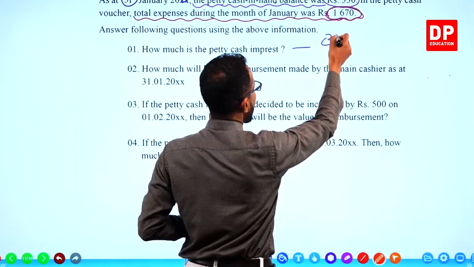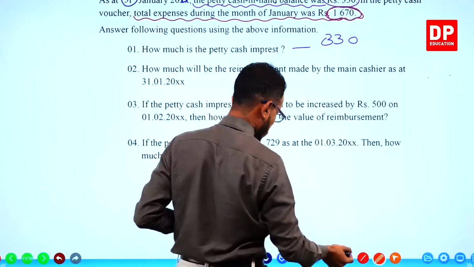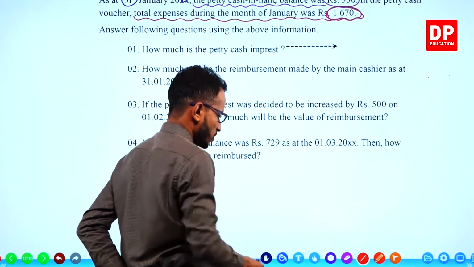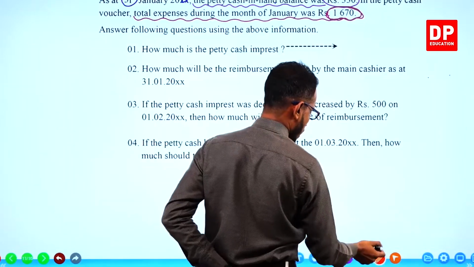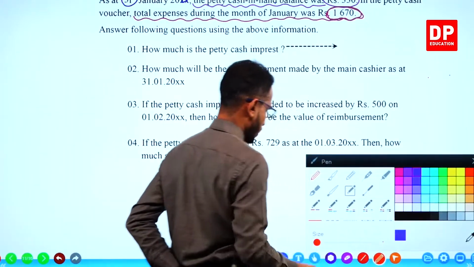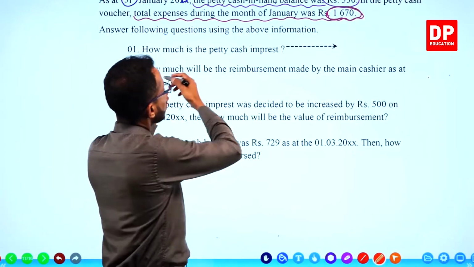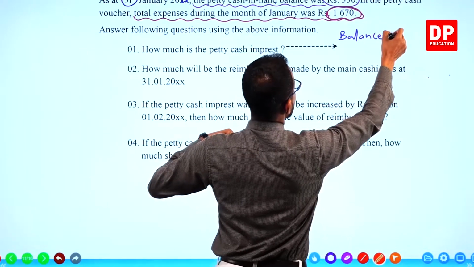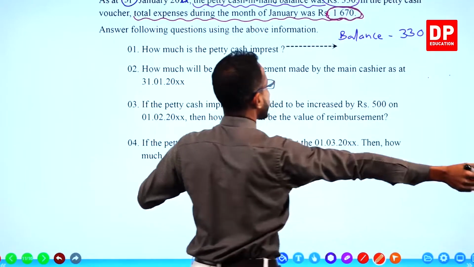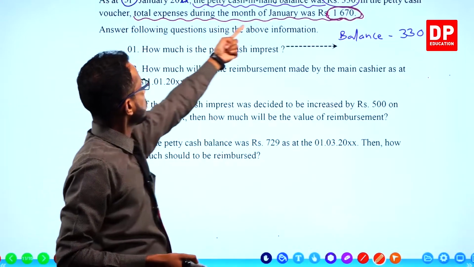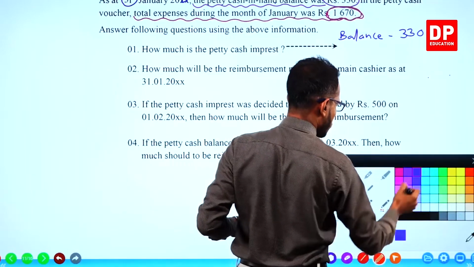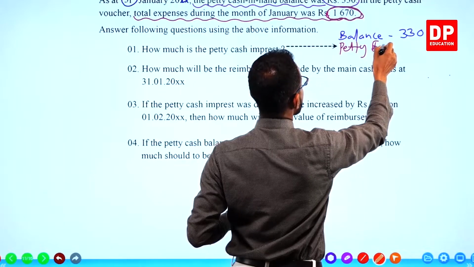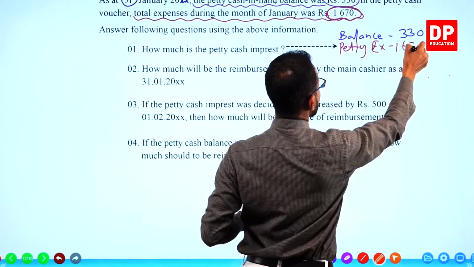What we should do is take the balance which was remaining at the end of the month, that is 330, and get the total money which was spent during the month, petty expenses during the month, 1,670.